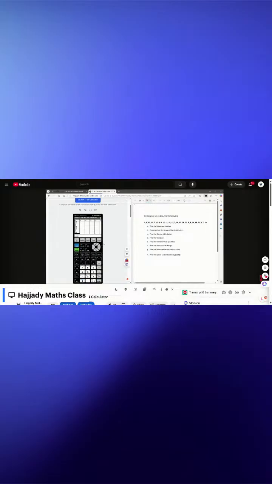We have 24 values. Now to perform the descriptive statistics, we need to click on the Stat button again. Then you come forward to calculate. Under the calculate, we have 1-Var Stats. Why? Because we are having just a single variable, not two variables. If you are comparing two things, then you can click on 2-Var Stats.